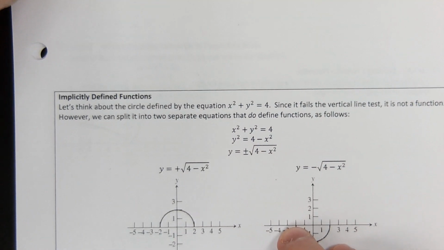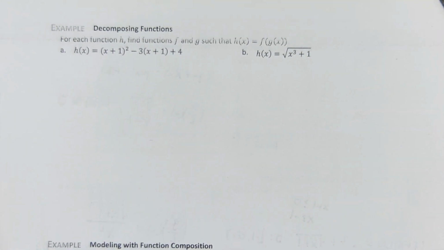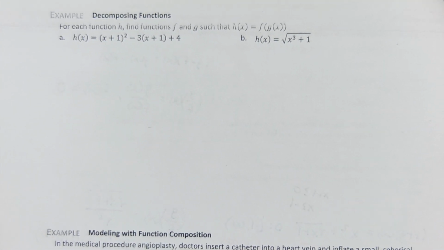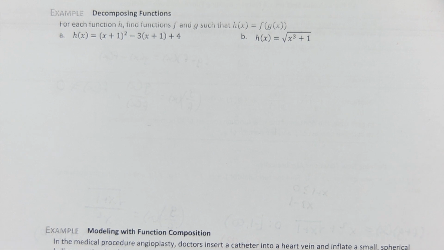But if I could take two functions and build one out of them, I should be able to take one function and take it apart and get back the constituent pieces. This is called decomposition, taking the functions apart.